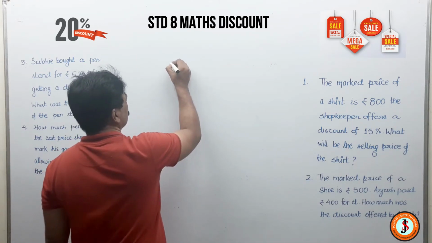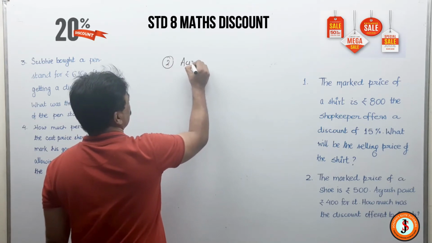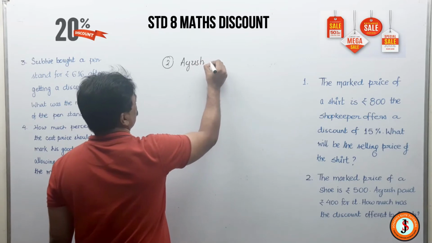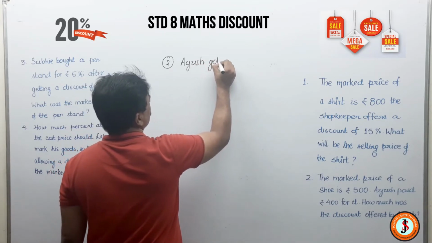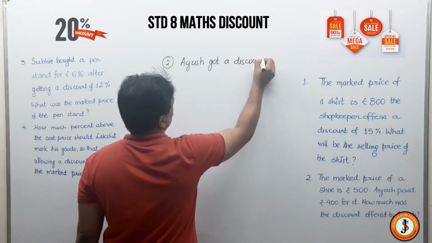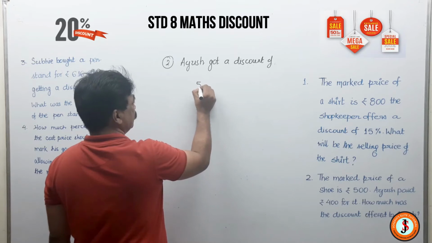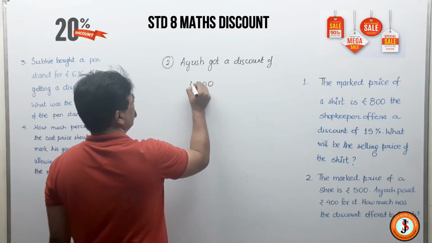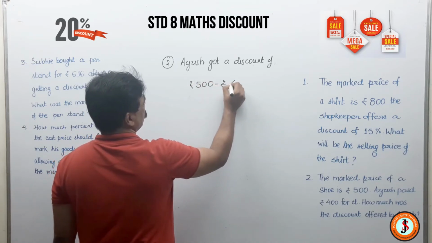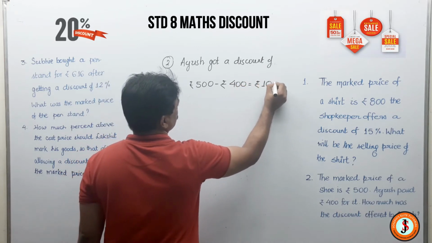Ayush paid 400 rupees and its marked price was 500 rupees. So Ayush got a discount of 500 minus rupees 400, that is equal to rupees 100.